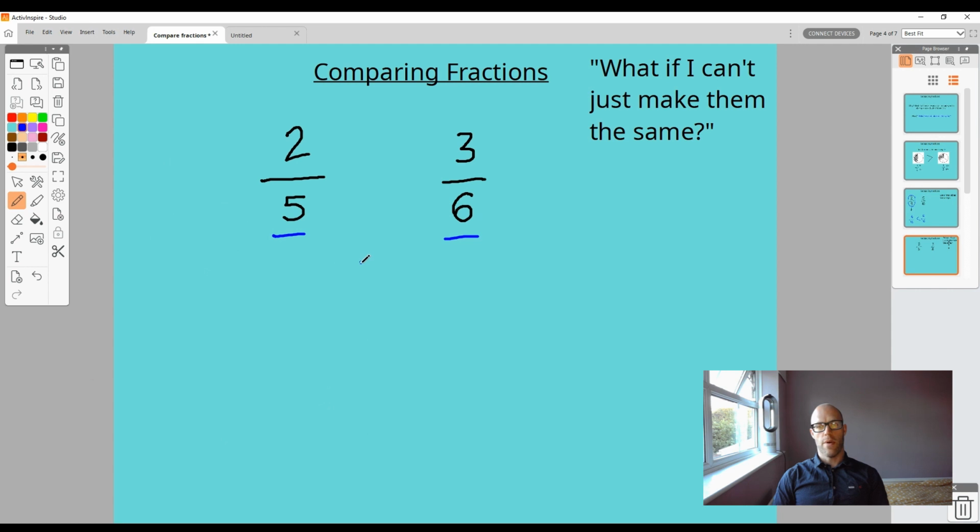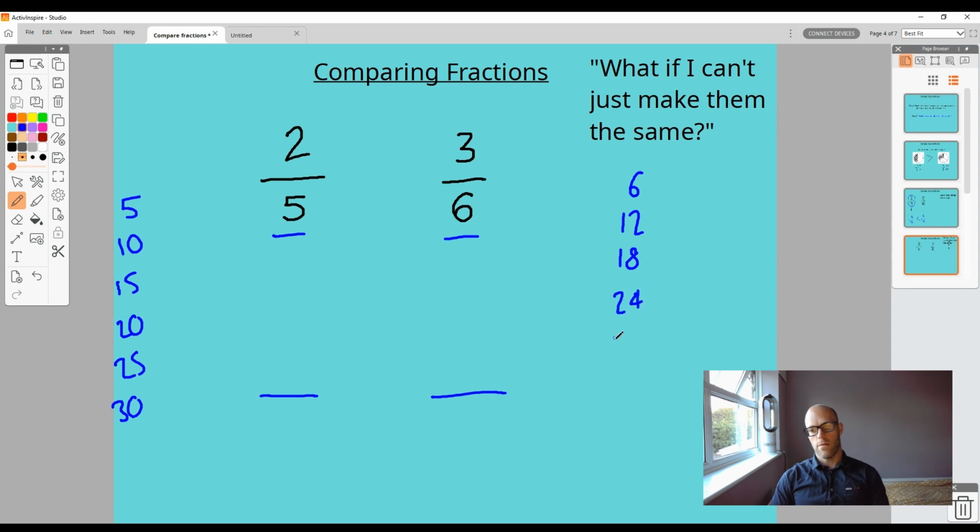So I need to find a number that I can change in both of these two. What am I going to convert both of these two? The long way of doing it, but the safe way of doing it, is to use a toolkit and actually write down your times tables over here. 15, 20, 25, okay, 30, and over here I'm going to write down my 6s, 6, 12, 18, 24, 30, 36, and onwards.